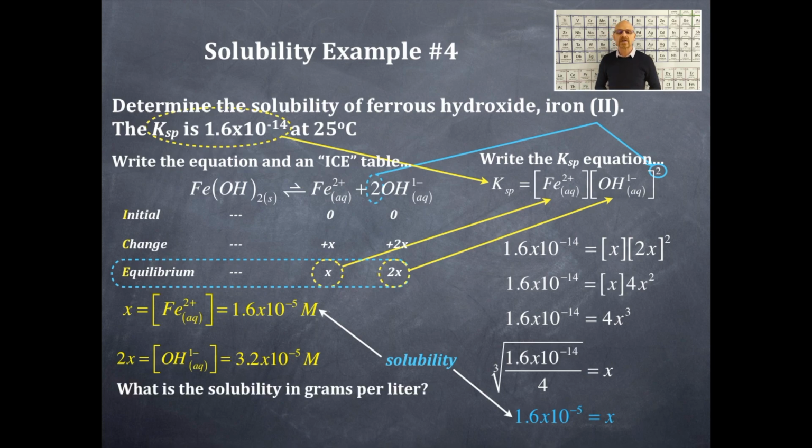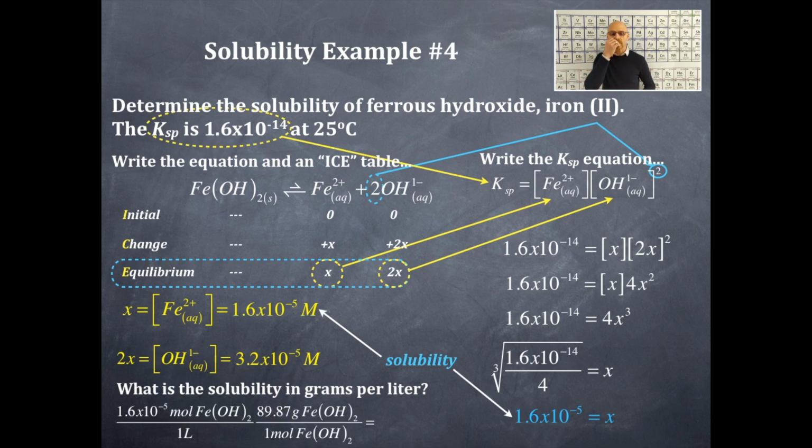What is the solubility in grams per liter? So we're going to look now for x, and we're going to find out the molar mass for ferrous hydroxide and use that and cancel out our units of moles, and we're going to get grams per liter. So I've taken the 1.6 times 10 to the negative 5 moles per liter, that is the molarity, that's what the solubility is, that's what x is, and I multiplied this by the molar mass of ferrous hydroxide.